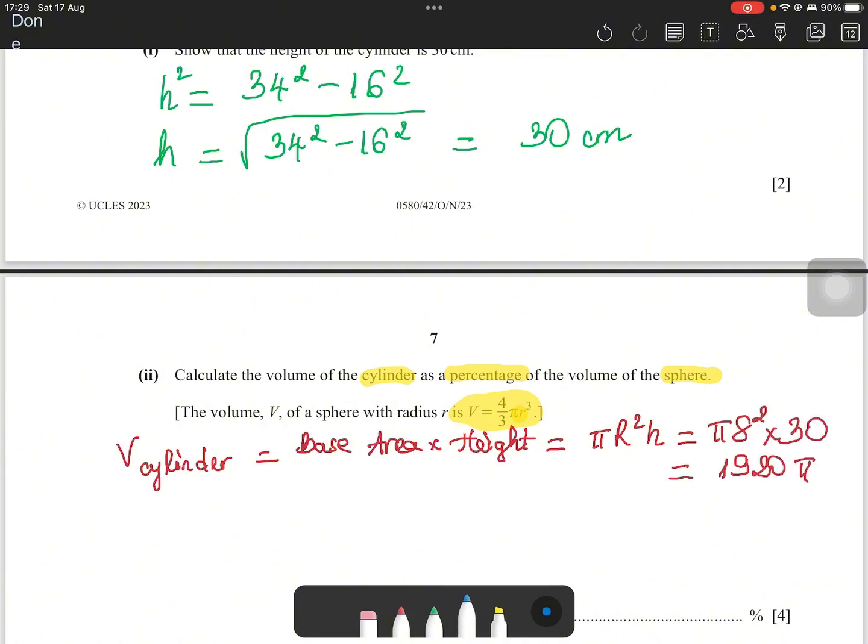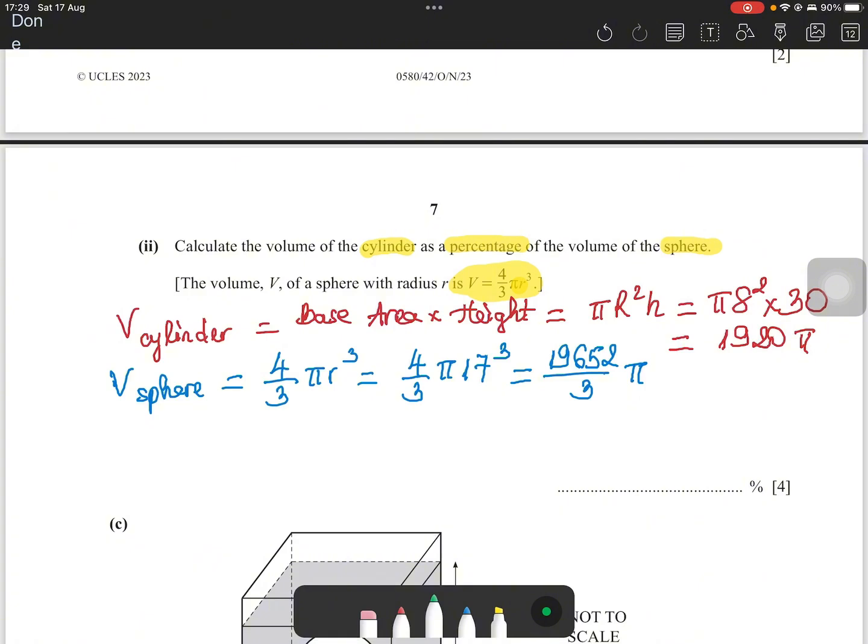And now let's find the volume of the sphere. The volume of the sphere is 4/3 pi r cubed. In this case, the radius of the sphere is 17 cubed. So now we find the percentage of the cylinder as a percentage of the sphere.